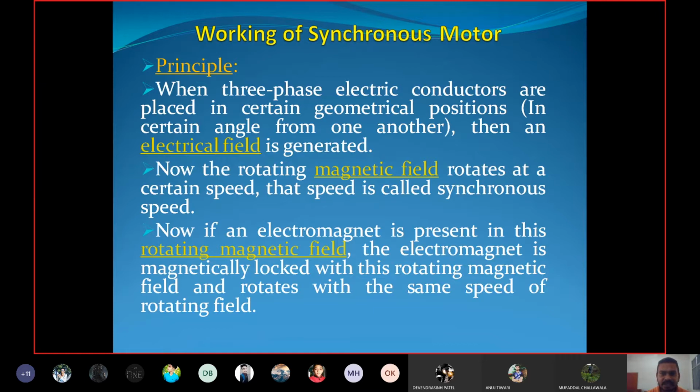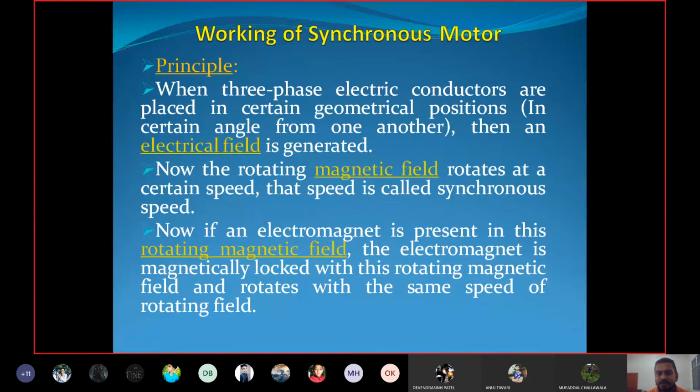When three-phase supply is given to the three-phase conductor, a rotating magnetic field is produced. This rotating magnetic field rotates at a synchronous speed in clockwise direction. Now we are going to put one electromagnet in this rotating magnetic field.